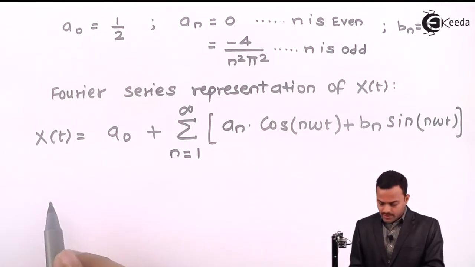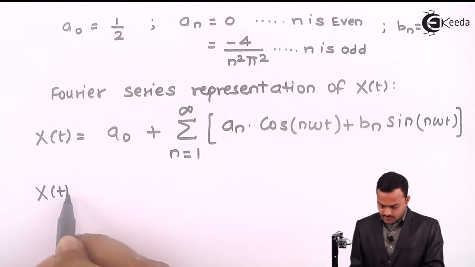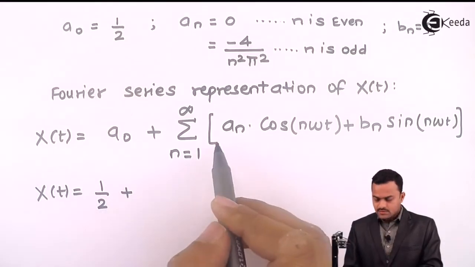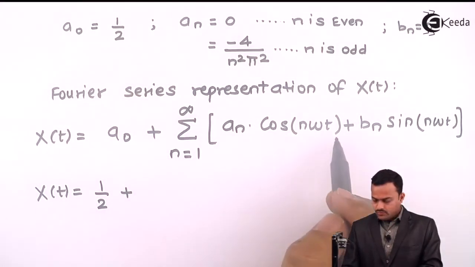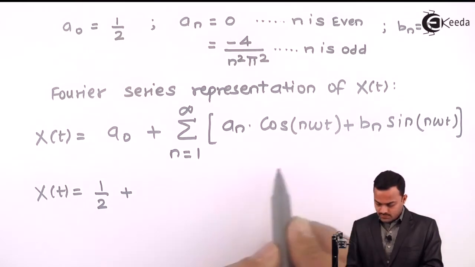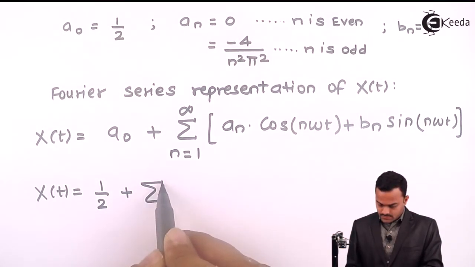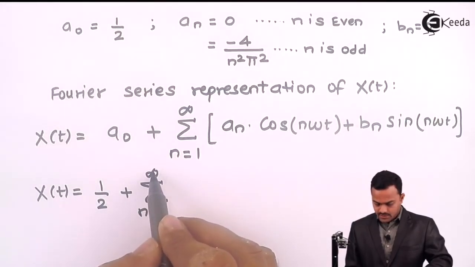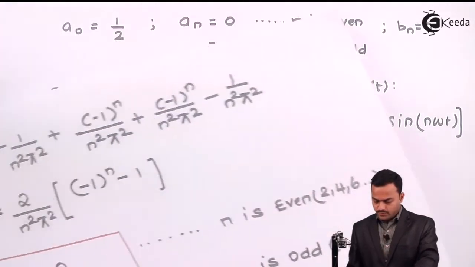If I substitute the values that we obtained, x of t equals 1 by 2 plus, now here we know this bn is becoming 0, so I can say this is n from 1 to infinity, and an value in general we obtain this.